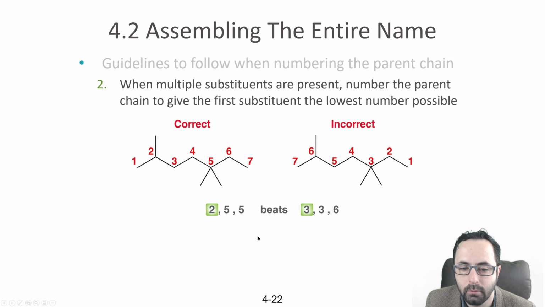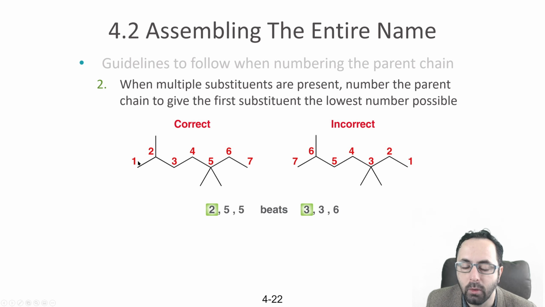Okay, when you have more than one substituent present, you have to number the chain such that you give the first substituent the lowest number possible. So here you can see that there are two branches closer to the right. However, if we number from the right 1, 2, 3, we get to these branches at number 3.